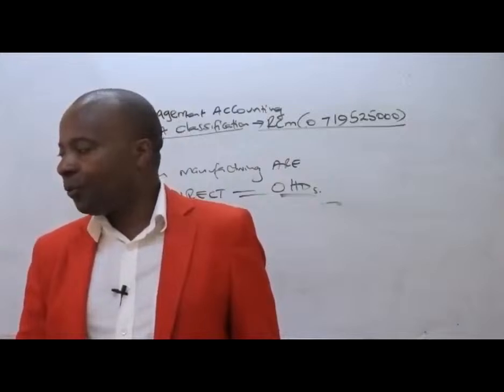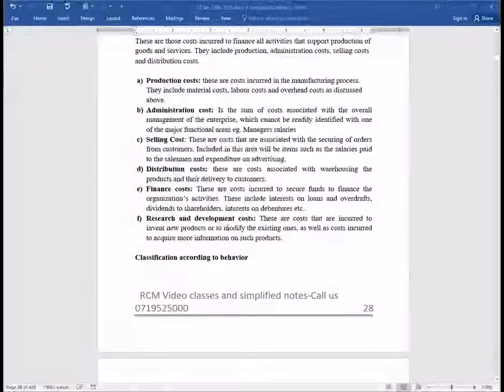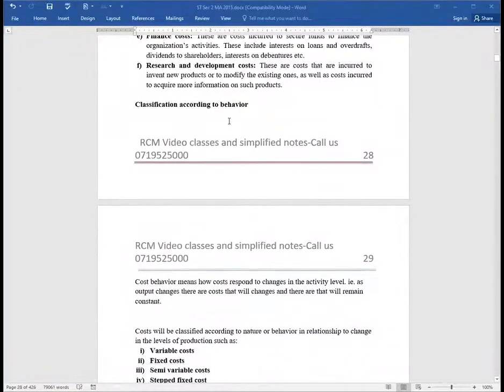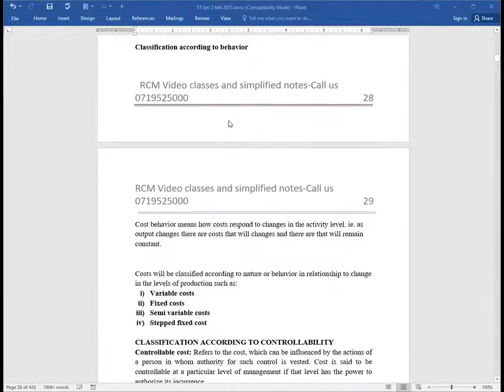Now we go to this other classification that we call behavioral classification, according to cost behavior. How do these behave? Ladies and gentlemen, costs will be classified according to nature or behavior in relationship to change in levels of production, such as variable cost, fixed cost, semi-variable, and then the stepped fixed cost.